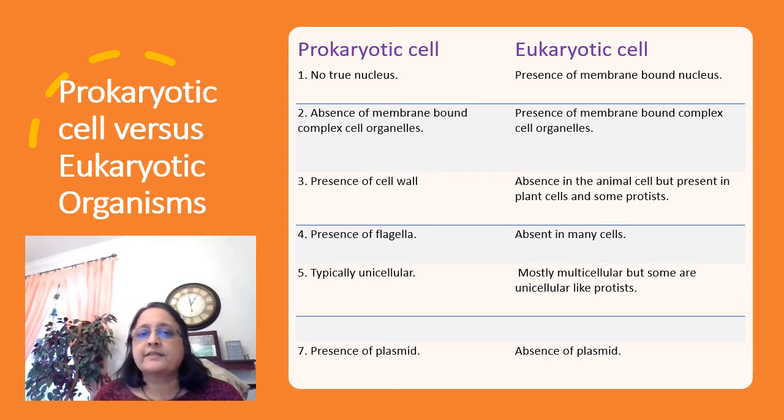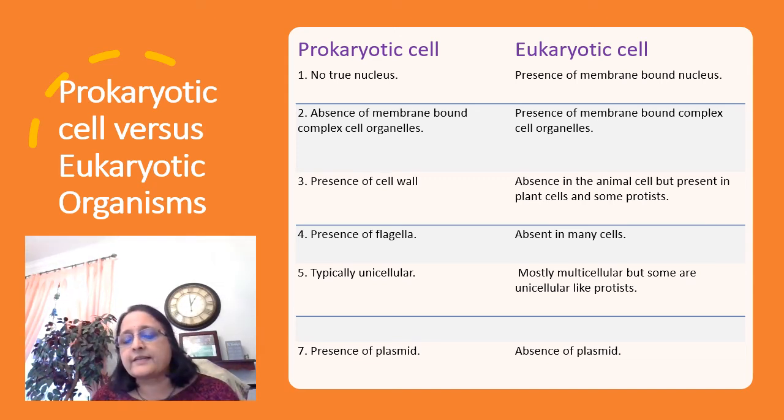Prokaryotes do not contain membrane-bound complex organelles such as mitochondria, chloroplasts and endoplasmic reticulum, whereas eukaryotic cells contain these structures. Prokaryotes mostly contain a cell wall, and in eukaryotic cells, if it is an animal cell, it is absent. If it is a plant cell or some protists, a cell wall is present.